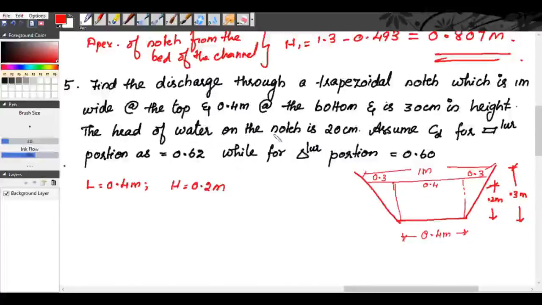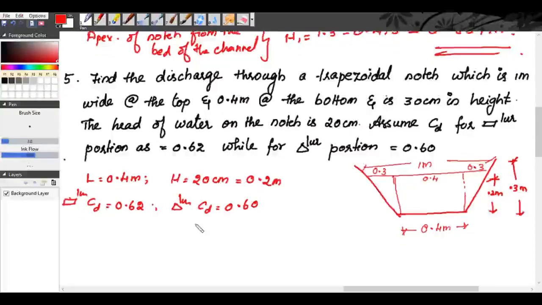The head of water on the notch is 20 centimeter, that is equal to 0.2 meter. Assume CD for the rectangular portion is 0.62 and for the triangular portion CD is equal to 0.60.